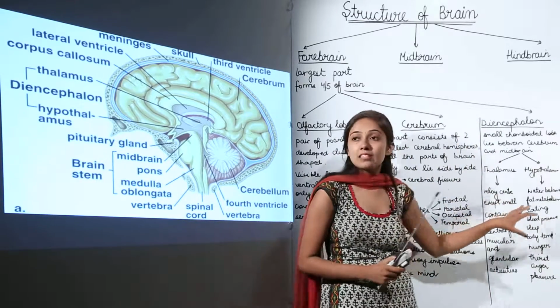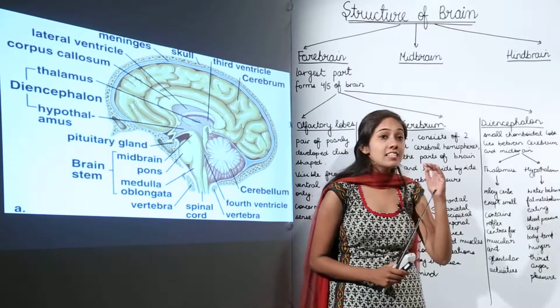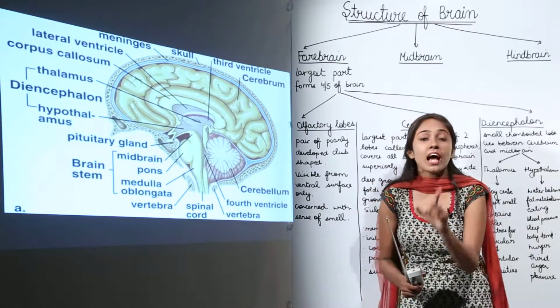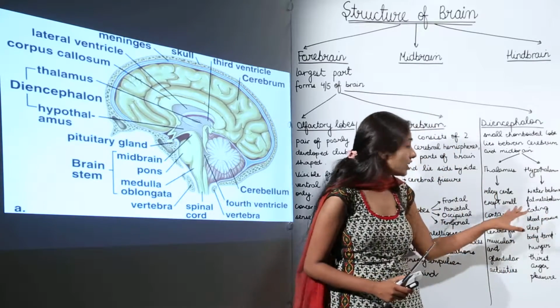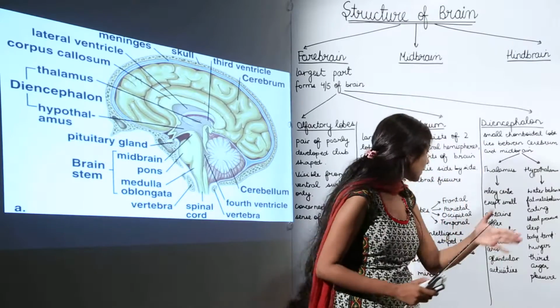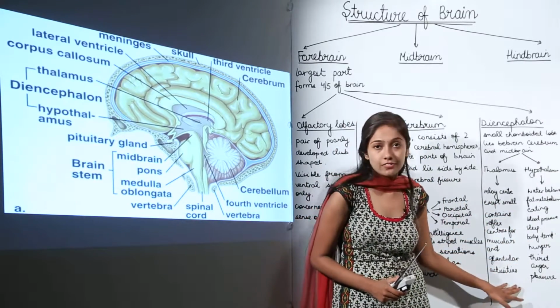Now, thalamus is actually the relay center. It is a relay center for all sensations except smell. It contains reflex centers for muscular and glandular activities.